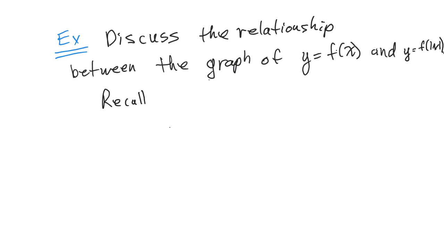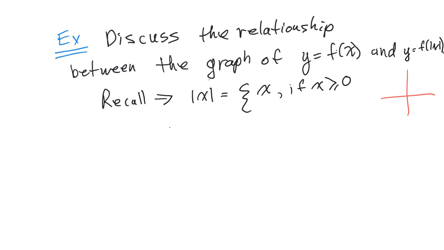When we go and graph our function, absolute value of x, it's equal to x for, that's if our x values were greater than or equal to 0. So essentially what's happening is for this black portion of the graph, that's what we've got.